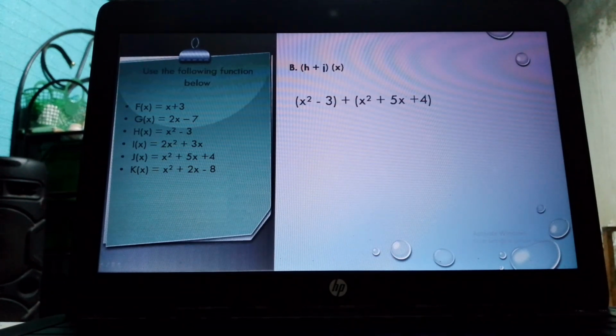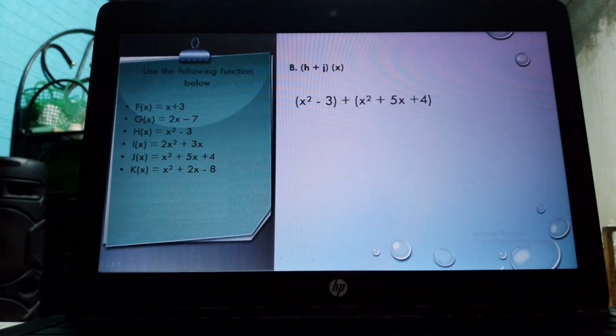x squared minus 3 is the function of h, and plus x squared plus 5x plus 4 is the function of g. So what we are going to do is combine like terms and add. Since the x squared is the same on the left side, we just add it, and x squared plus x squared is equal to 2x squared.